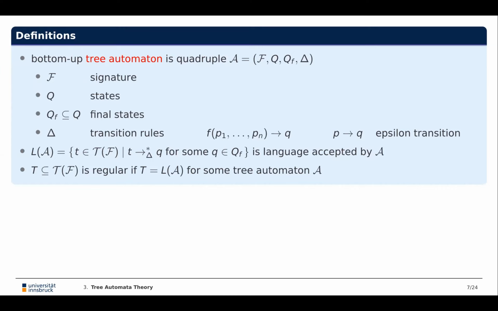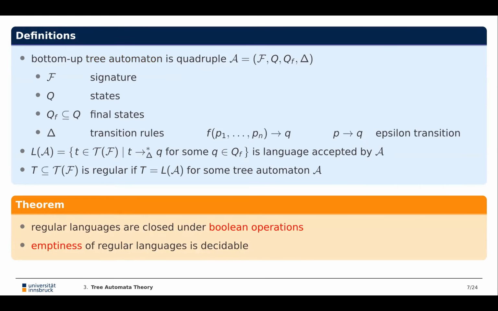The set of ground terms accepted by a tree automaton we call the language of the automaton, and it is the set of ground terms which can be rewritten to a final state using the transition rules of the automaton. Any set of ground terms which is accepted by such a tree automaton is called regular, very similar to normal finite automata.